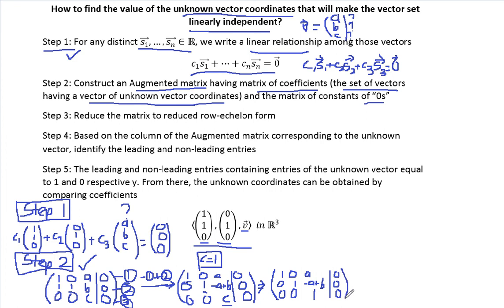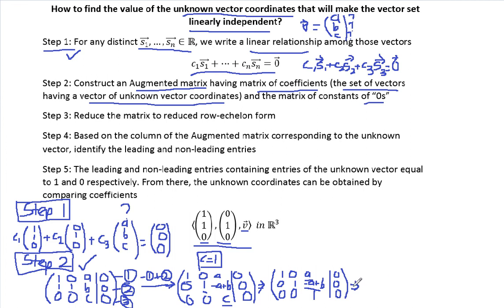Now let's pivot upwards first. We want to eliminate the entry here, and to eliminate this and this.